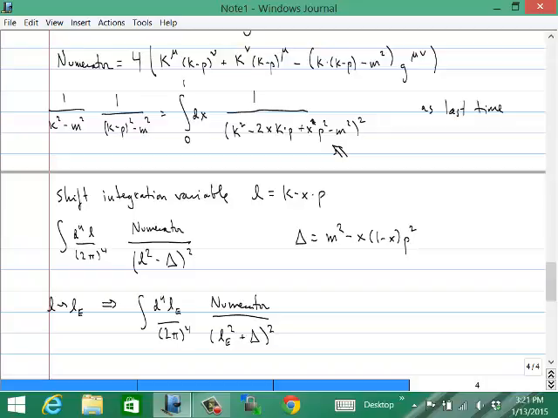And this is now an integral in 4-dimensional Euclidean space that is spherically symmetric. Okay, it's invariant under the 4-dimensional rotations of that Euclidean momentum L.